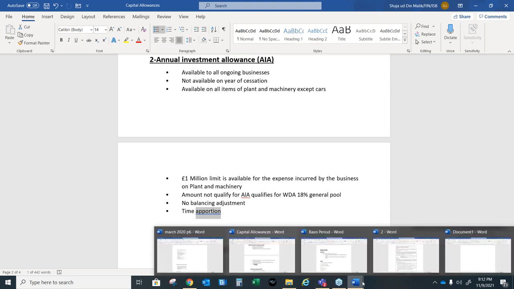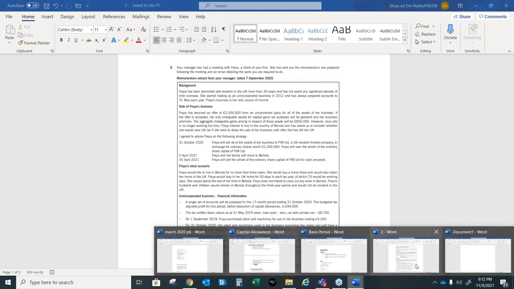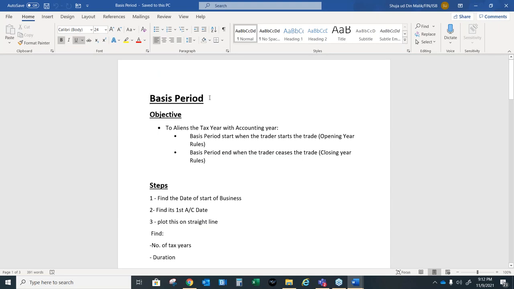the next one, that is basis periods. A very difficult topic being perceived, as the students were mentioning in yesterday's session for questions.